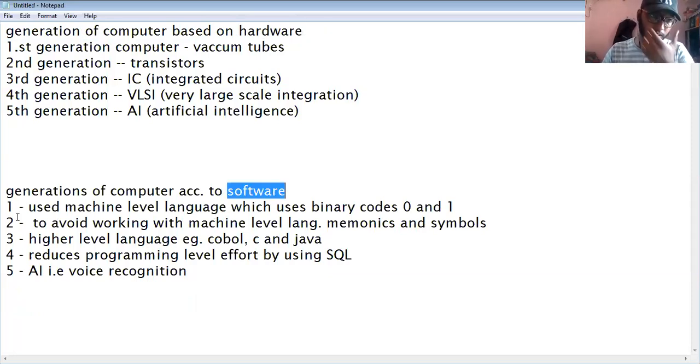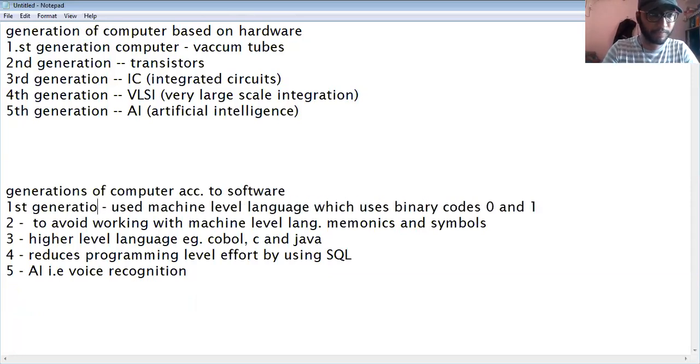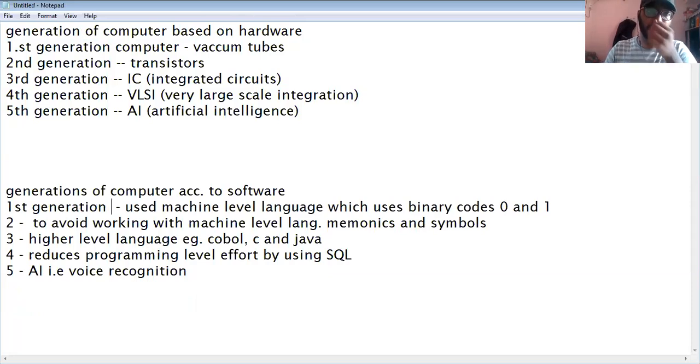According to the first generation, it started using machine level language, which means they started using just zeros and ones. That is binary code. One is used for on, and zero is used for off.